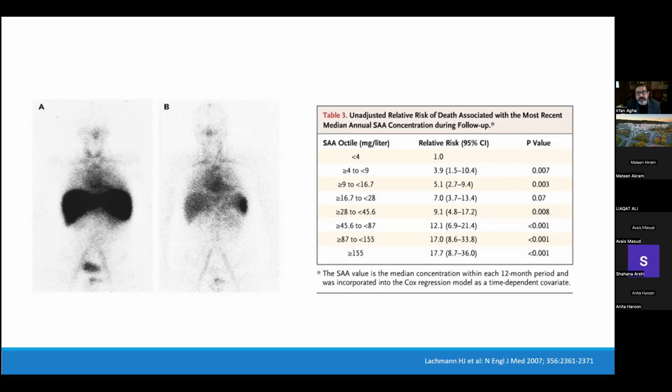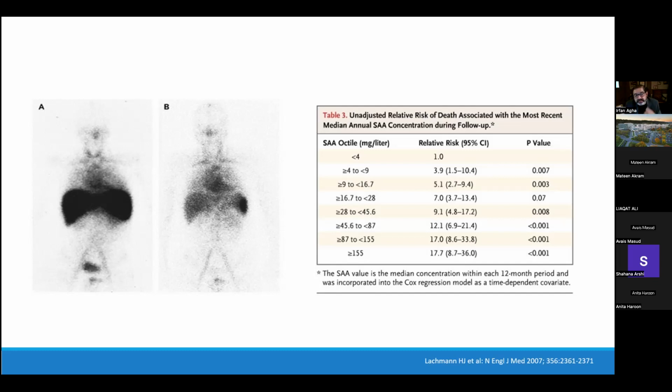And the other point I wanted to make, based on the data that we got here, is that this is not a benign disease. About 44% of the patients died during follow-up for this study. And this is AA amyloid, not AL amyloid, which is deadlier. But the risk of death also correlated with the SAA level.